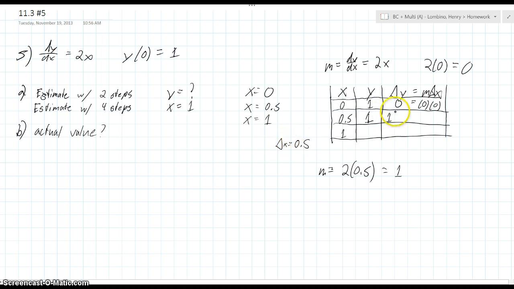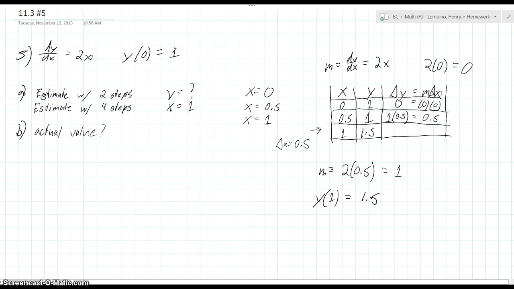We multiply this by 0.5, which gets us 0.5. So the change in y is equal to 0.5. Now we can put that in for this last one: 0.5 plus 1 gets us 1.5. And there's our answer. We now know that y of 1 equals 1.5. That's our answer for that problem.